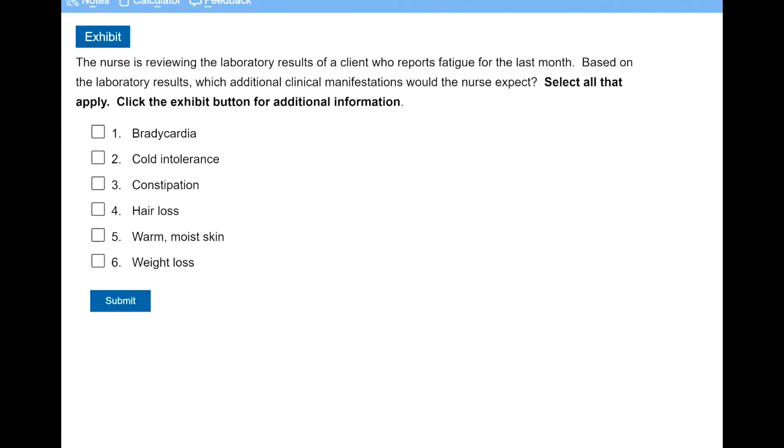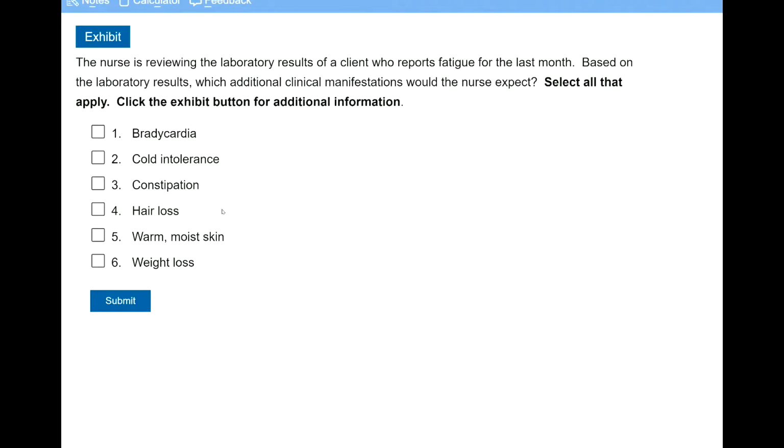This question first needs us to identify the condition that the client is experiencing, and then from there determine what the appropriate clinical manifestations are for the condition. A little tip for you to make SATAs more approachable. Select all that apply, SATA, I'm sure you know that phrase. I like to look at each option as its own little true or false statement.